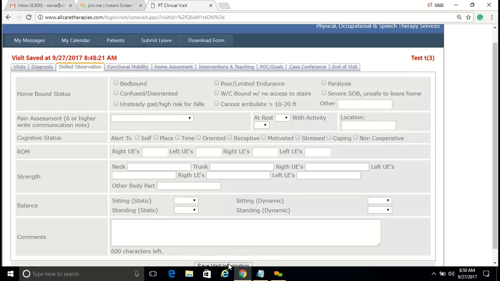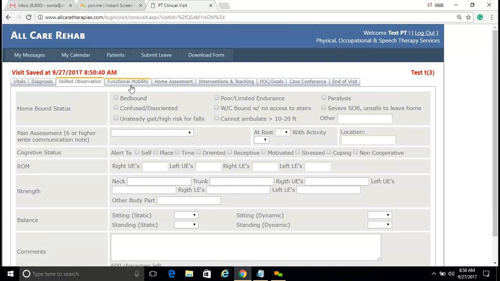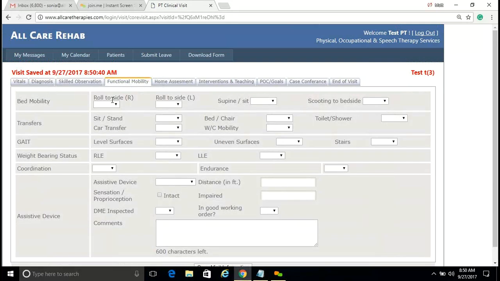You click on Save, Visit Information, same, and then Functional Mobility. Under Functional Mobility, it's important to identify if the patient is independent, supervision, what is the level of function. This is something that as a professional you need to judge.